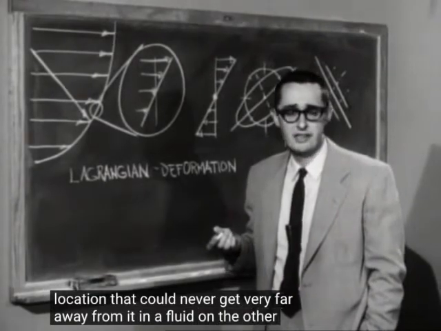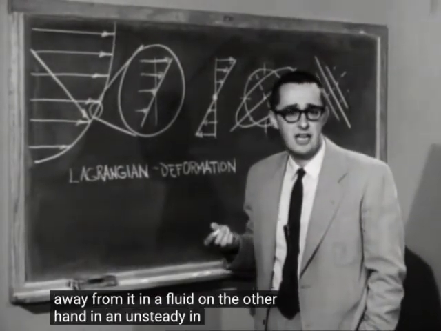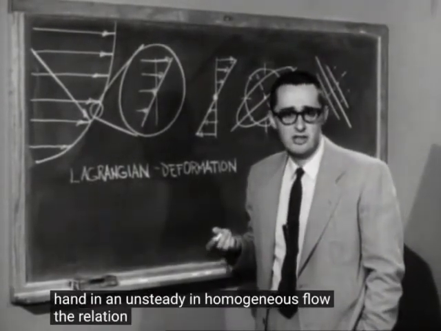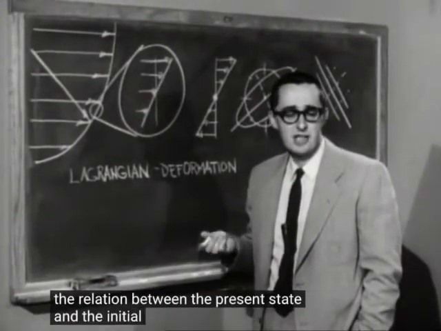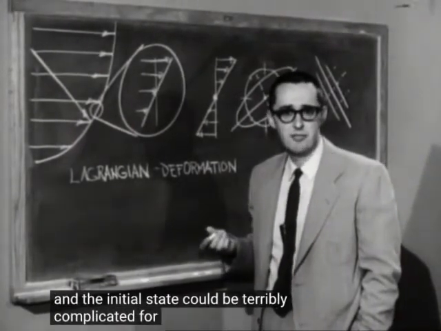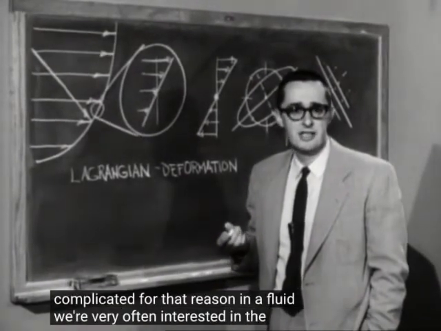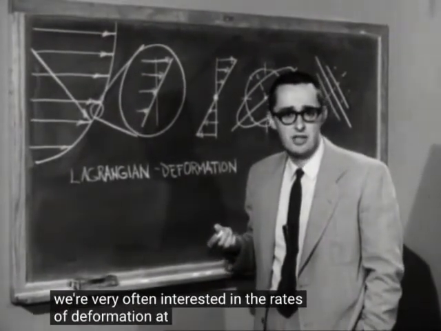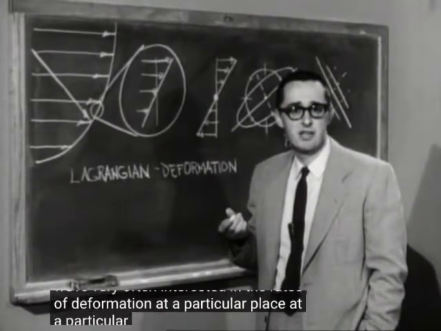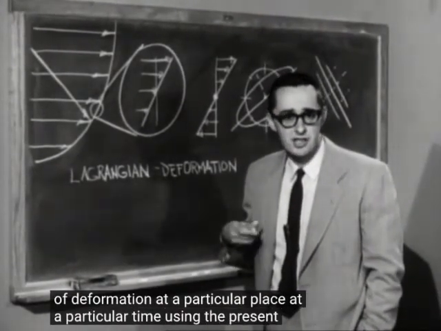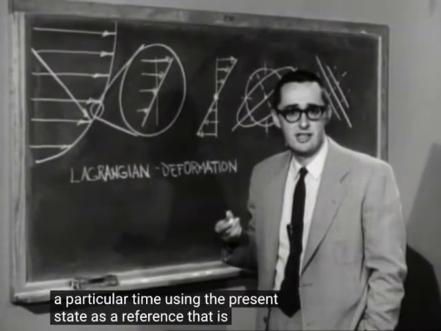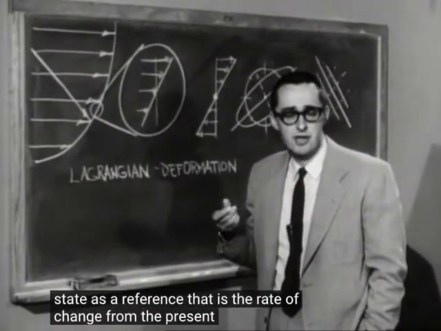In a fluid, on the other hand, in an unsteady, inhomogeneous flow, the relation between the present state and the initial state can be terribly complicated. For that reason, in a fluid, we're very often interested in the rate of deformation at a particular place, at a particular time, using the present state as a reference. That is, the rate of change from the present state.